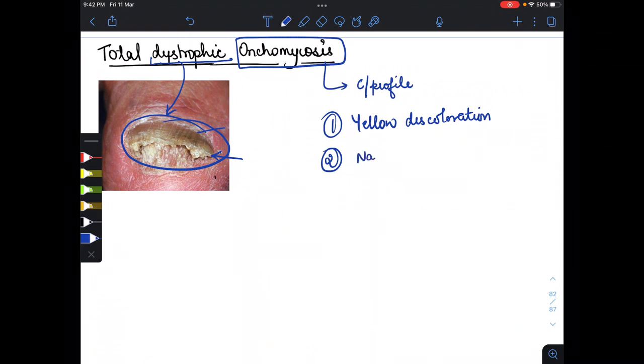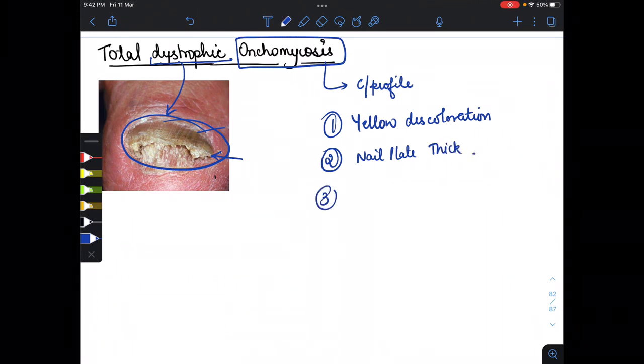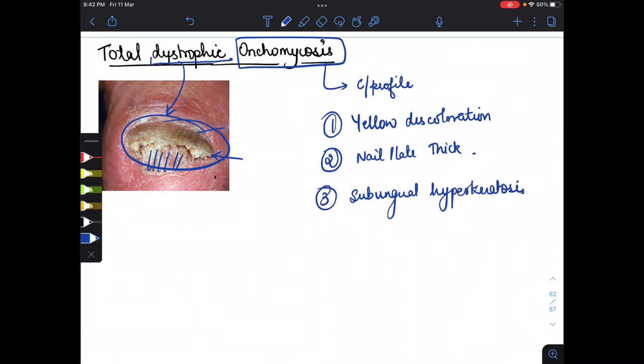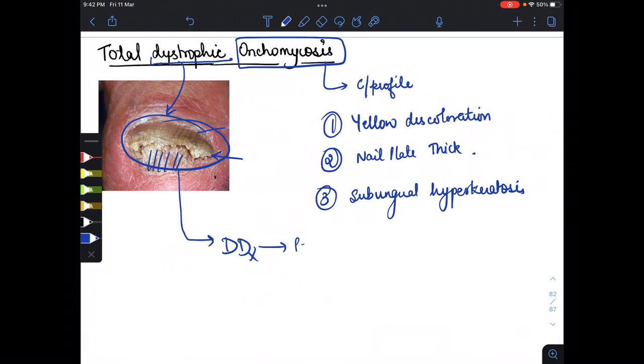And third, there is subungual hyperkeratosis, as we see in the subungual area. This image is a differential diagnosis of psoriasis.